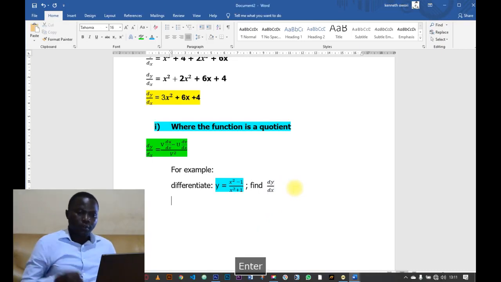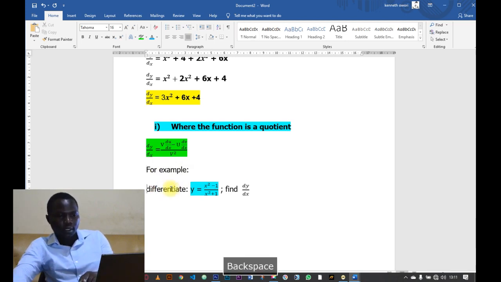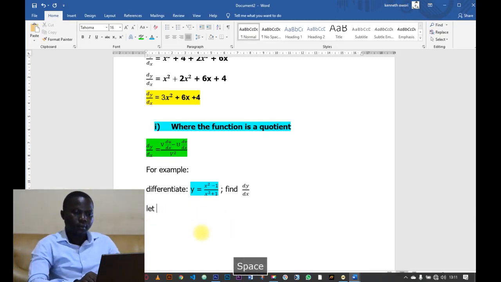So for us to find dy dx, we need to let, as before, one expression be u and the other be v. For example, let the numerator be our u and the denominator be v, as follows.